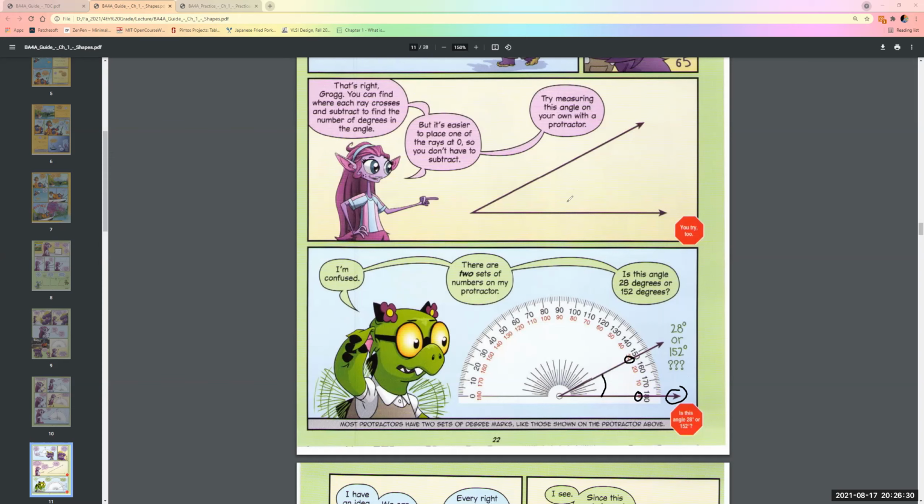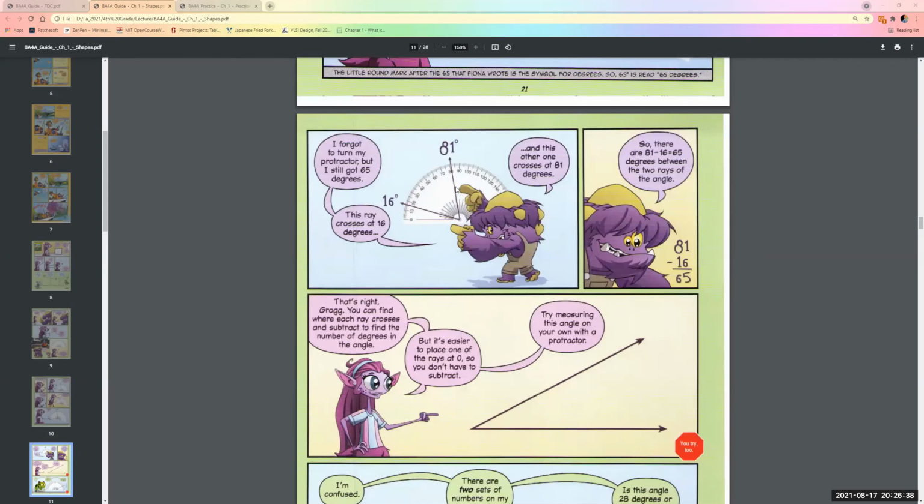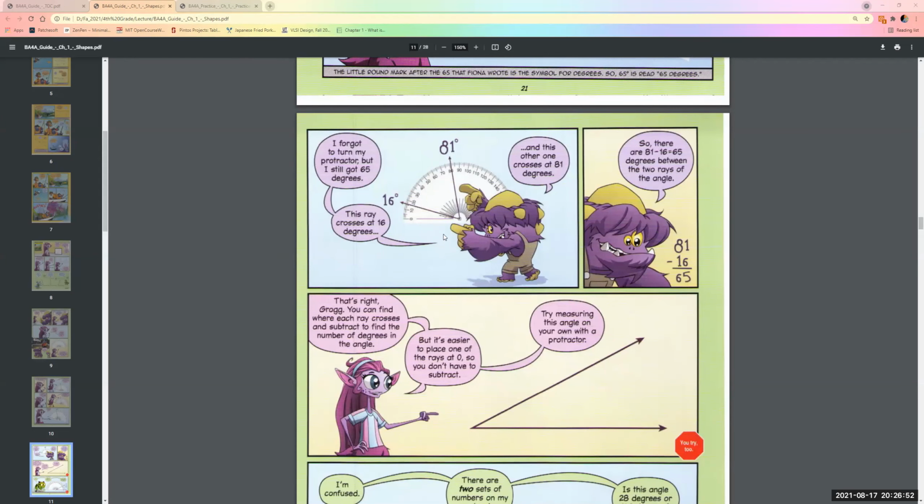Another way, as we just showed above, if your two rays are not at the 0 mark, that's okay. You can still find what degree this angle is by subtracting the smaller number from the larger number.